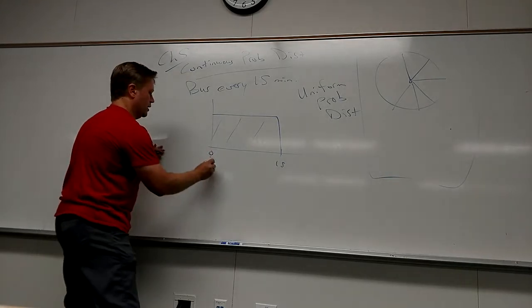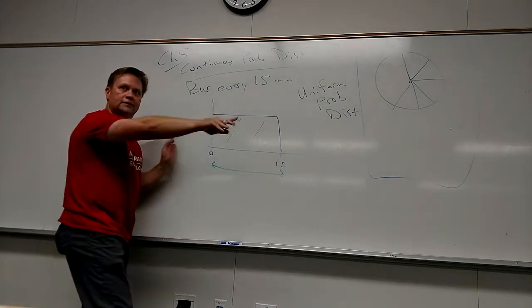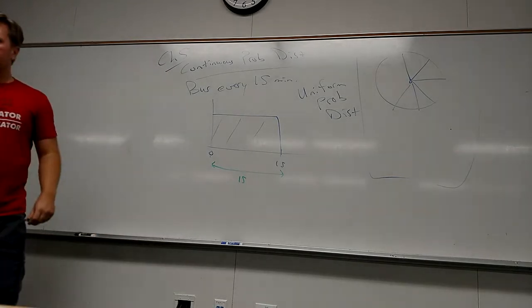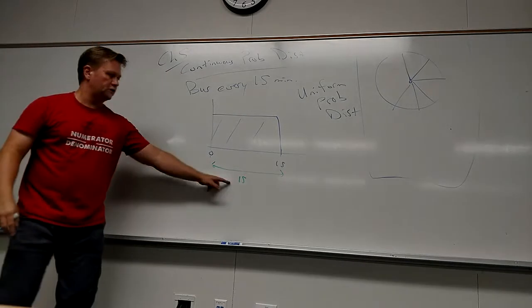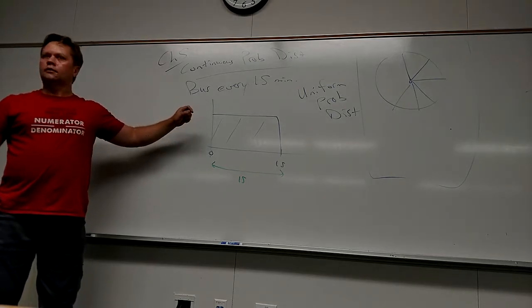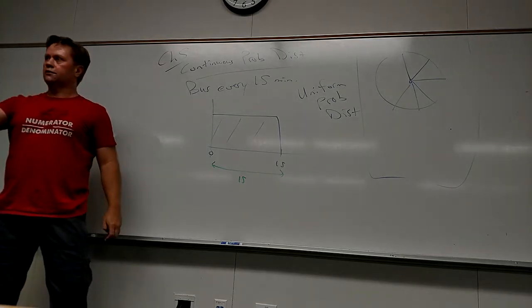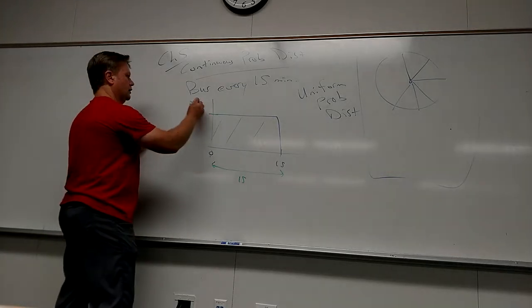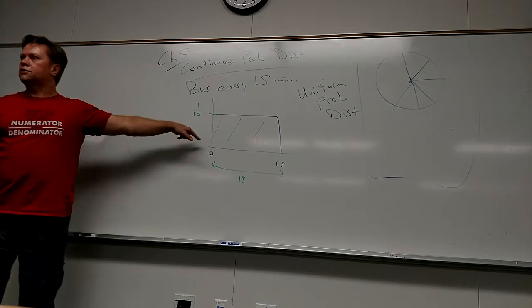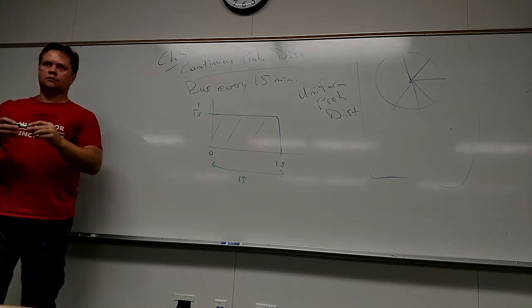How wide is the block? 15. The area has to be 1. So what do you multiply 15 by to make it 1? 1 over 15, the inverse of 15, right? So the height is 1/15. That's the probability for this situation. It's 1 out of 15.